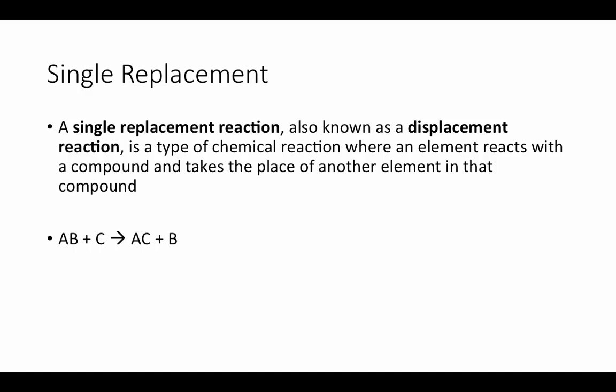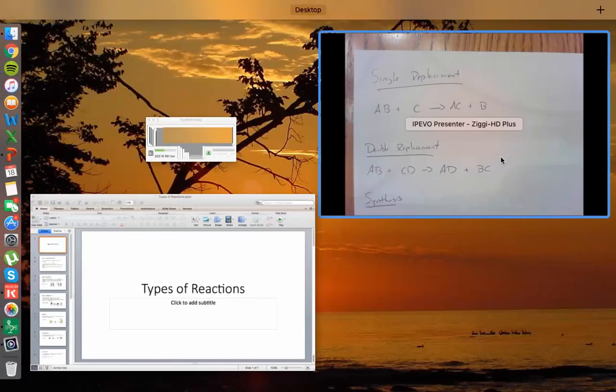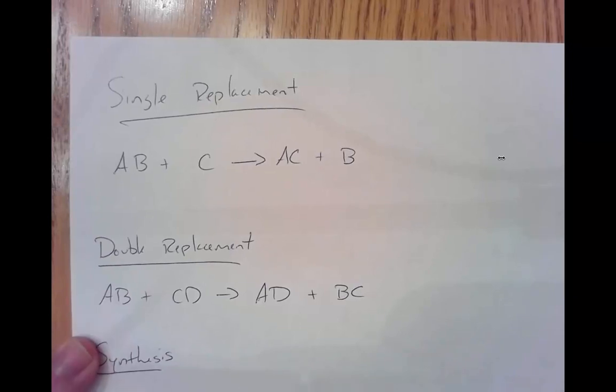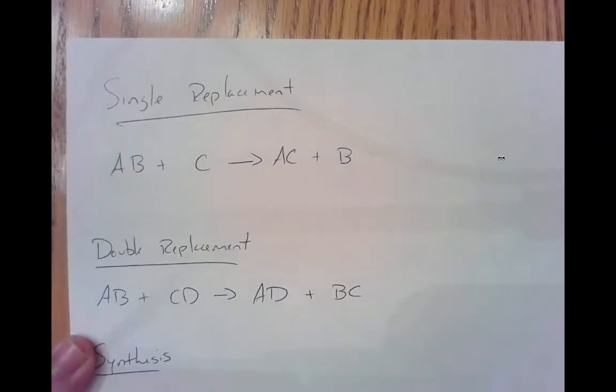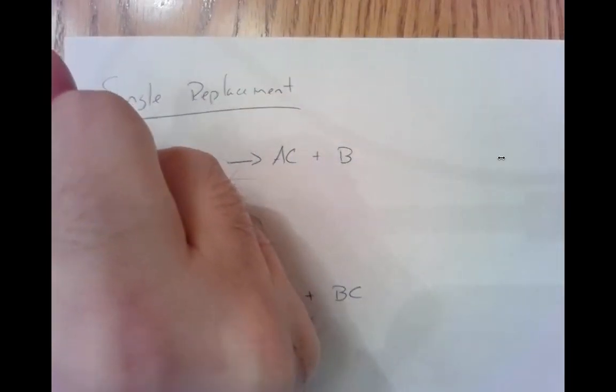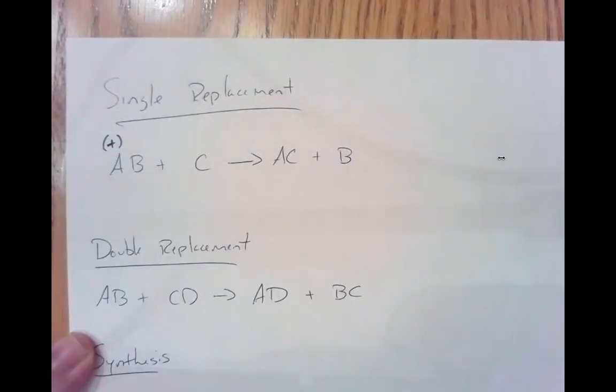The yield is the arrow sign. So let's take a look at this piece of paper. On this piece of paper, I have that pattern listed. Typically what happens in this single replacement reaction is what we see here. We know from our bonding unit that the first ion in a compound is usually positive.